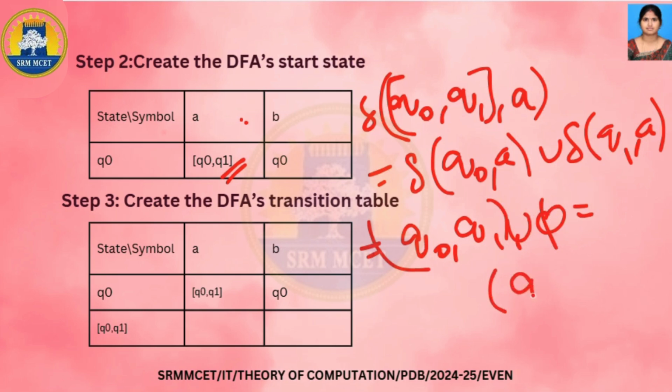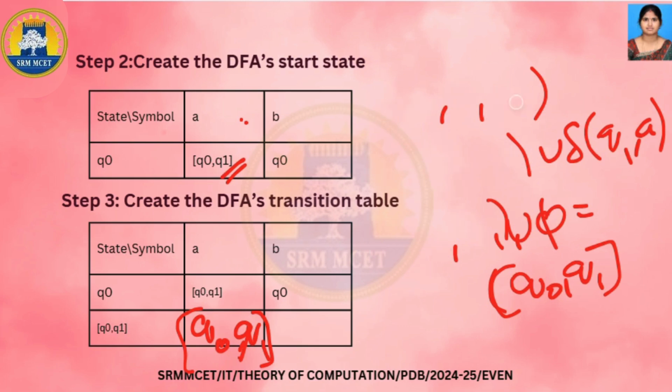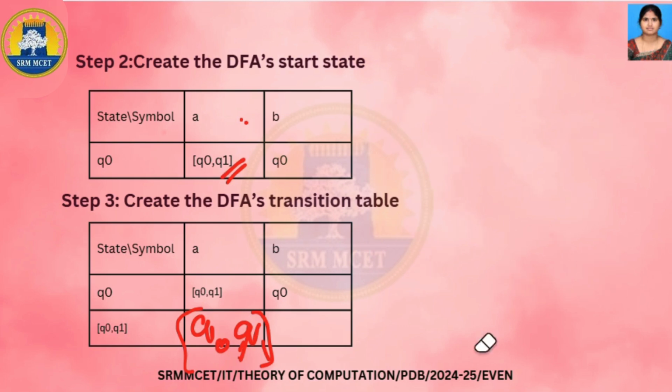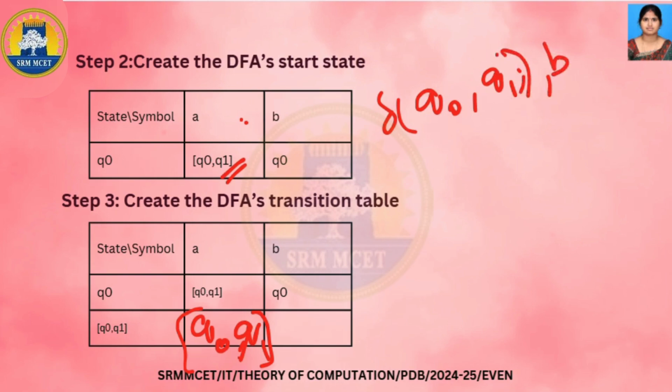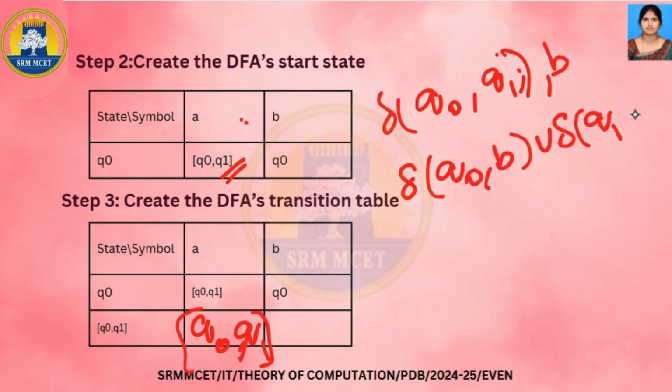So the union value will be Q0 Q1, which we have written here inside the square bracket. And next, we have to find the state for the input symbol B. So the transition of Q0 Q1 using the input B: we have to find the transition of Q0 comma B union the transition of Q1 comma B.